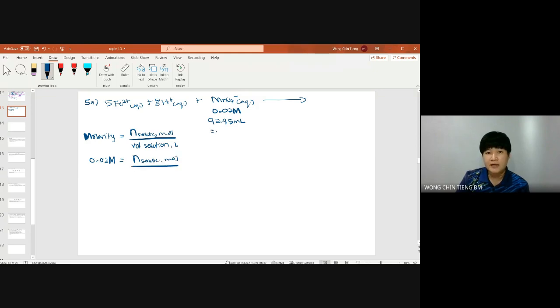Therefore, over here adalah 92.95 times 10 to the power of negative 3 liter. Bagi 1000 kan? Therefore, you will have the number of mole solute, and in this case, the number of mole solute is MnO4 minus. Setuju?